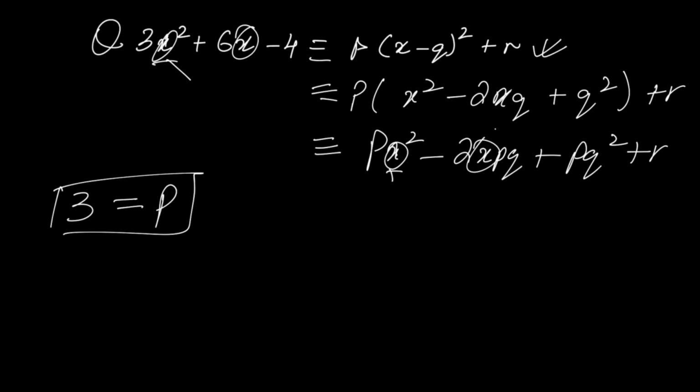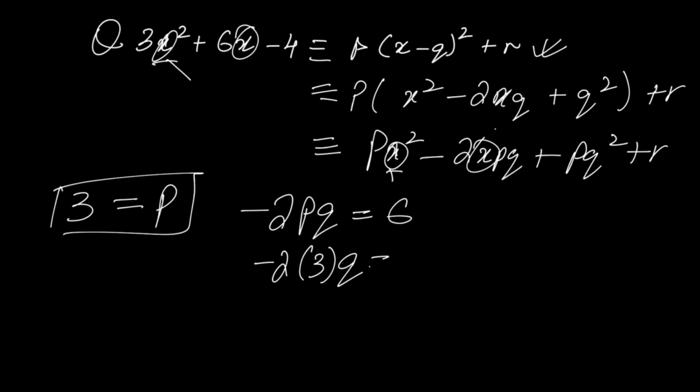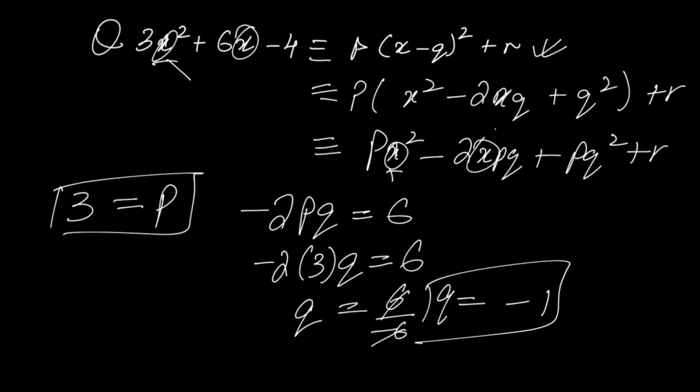Again we have only one. So minus 2pq is equal to 6. We're not taking the x. We have found the value of p, so we can put that in, and this gives us q as minus 1.